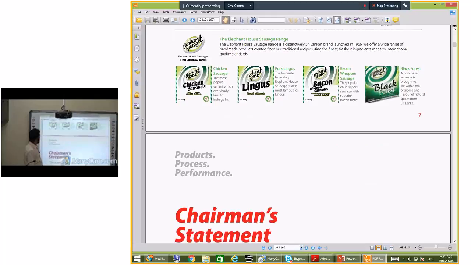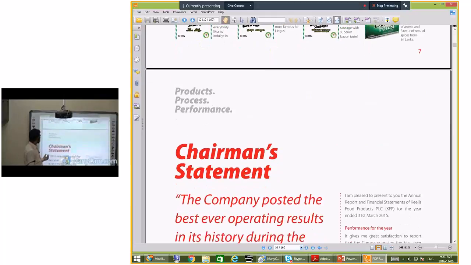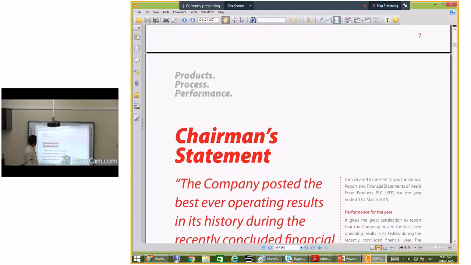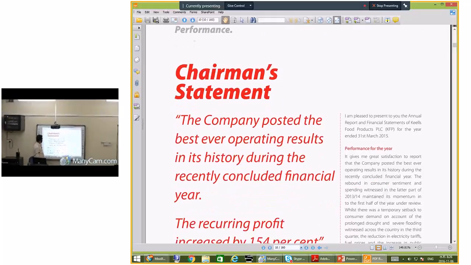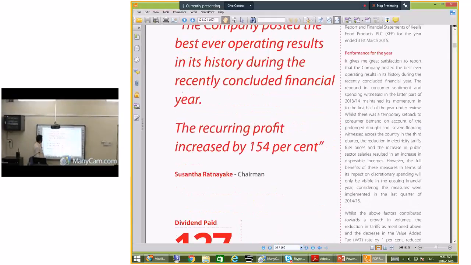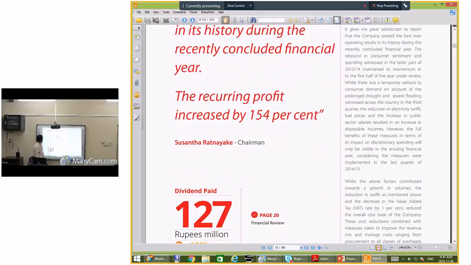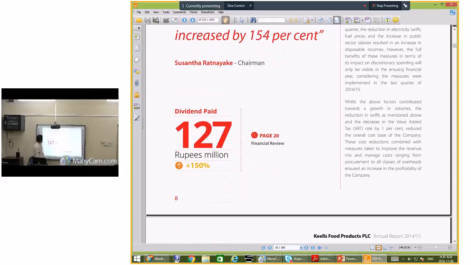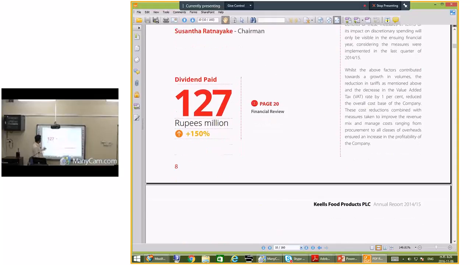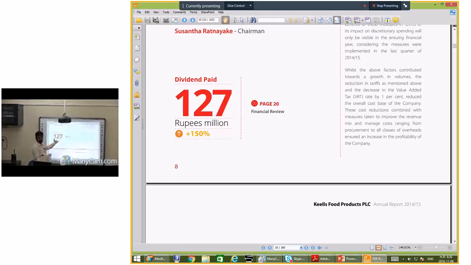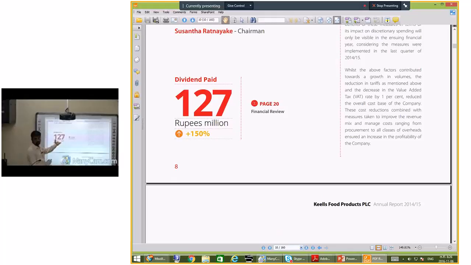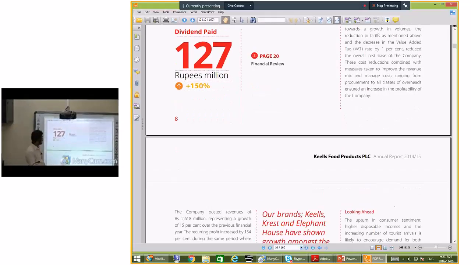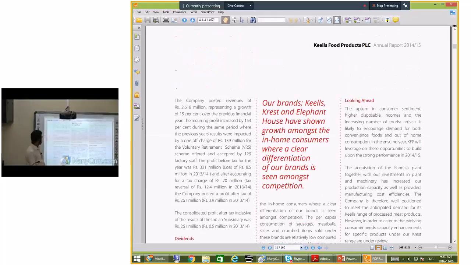Then investors can get an idea about the organization and their stability and their weak points and sustainability, right? Or dividend paid 127 billion. This is very important information for the investors. Dividend.